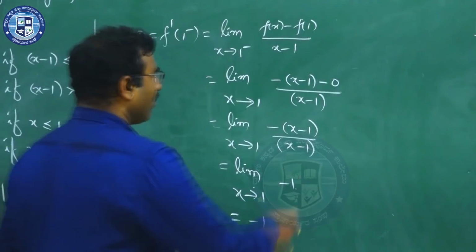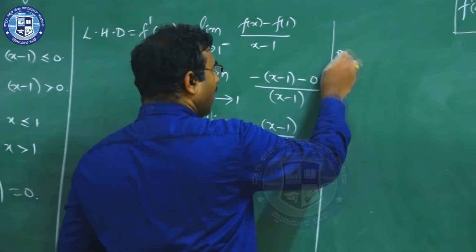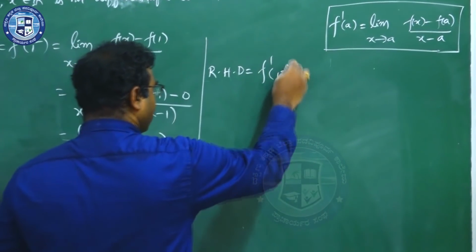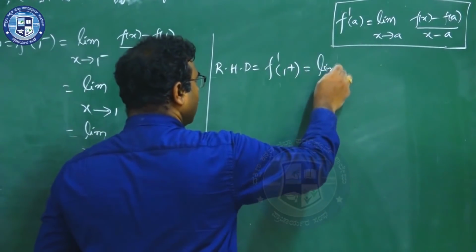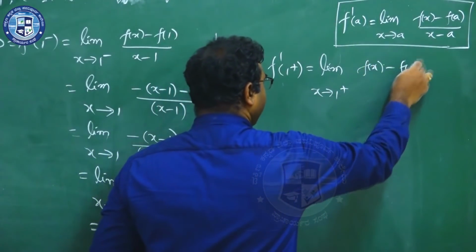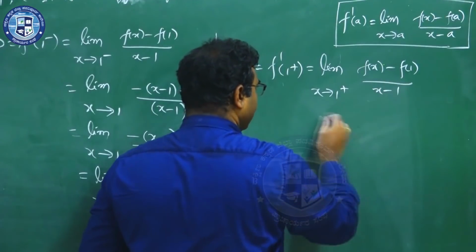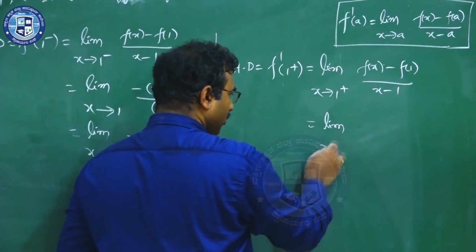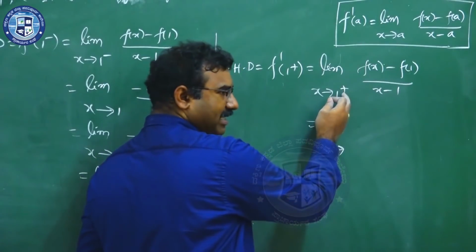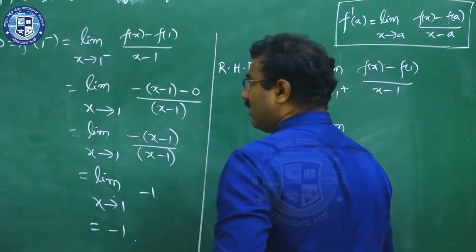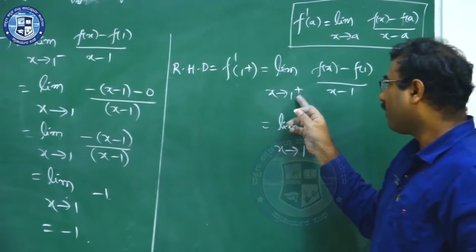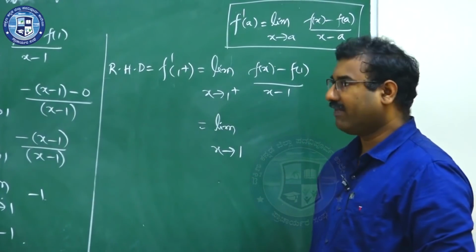And the same way we work out the right hand derivative also, RHD, f dash of 1 plus. So, limit x tends to 1 plus of (f(x) minus f(1)) divided by (x minus 1). So, x tends to 1 from the right. That means the values will be more than 1. You are approaching 1 from the right side, so the values are more than 1.